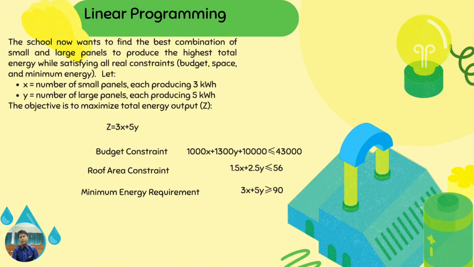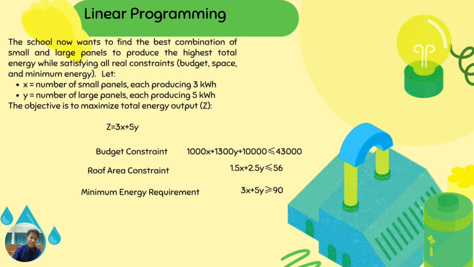As we said before, the budget constraint is 1000x plus 1300y plus 10,000 less than or equal to 43,000. The roof area constraint is 1.5x plus 2.5y less than or equal to 56.